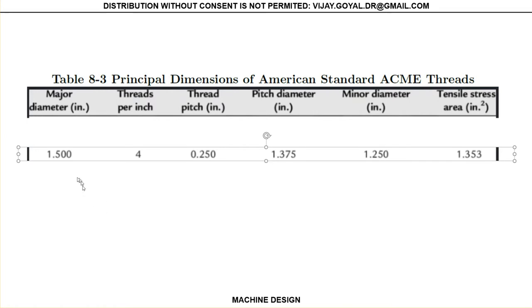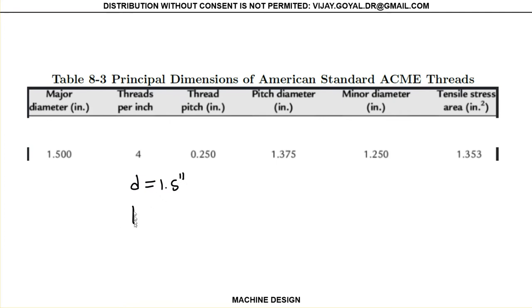So this was the diameter I'm going to use. So from here, you have the D in the problem. D is equal to 1.5. Your pitch is equal to 0.25 inches. Your threads per inch is equal to 4. Your lead, remember, was 3 times P because it was triple start.